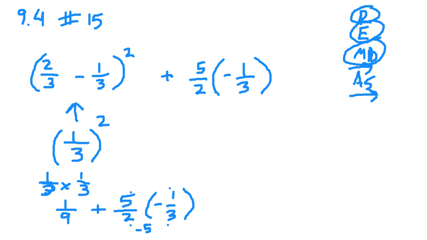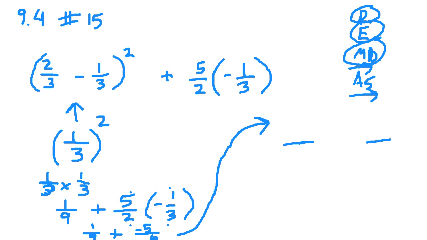So now we have to do 1/9 plus negative 5/6. Now, in order to add or subtract fractions, we have to have the same denominator. So what's the least common multiple of 9 and 6? 9 goes into 9, but 6 is not a factor of 9.